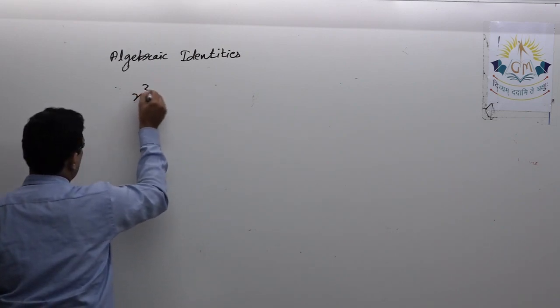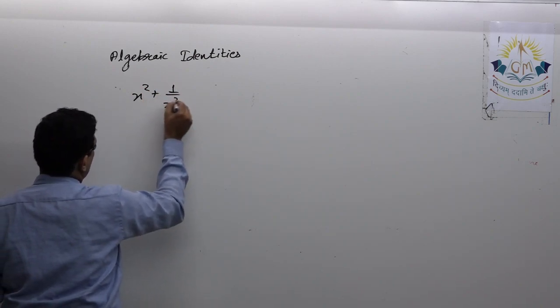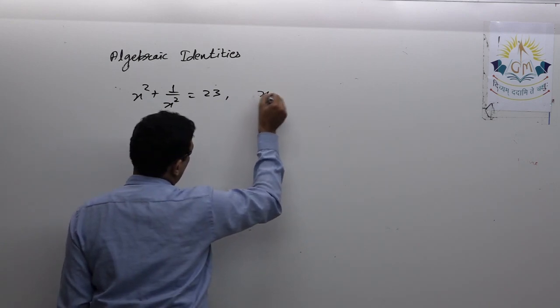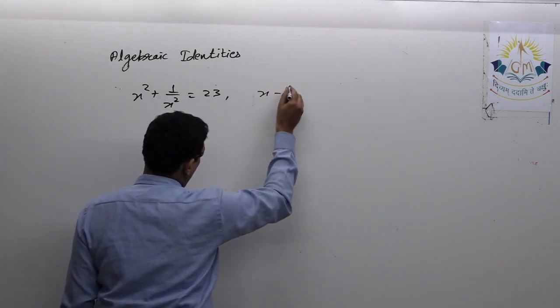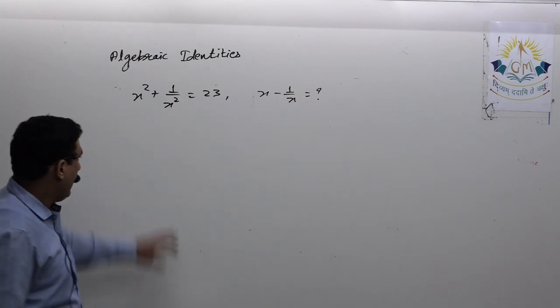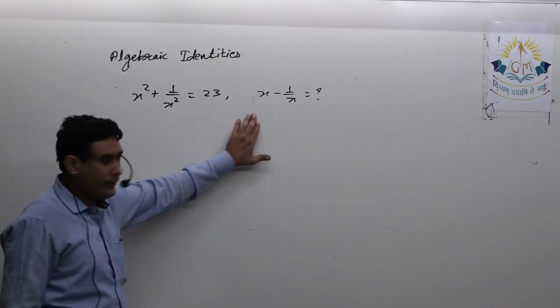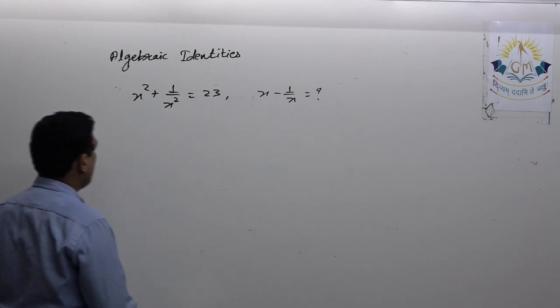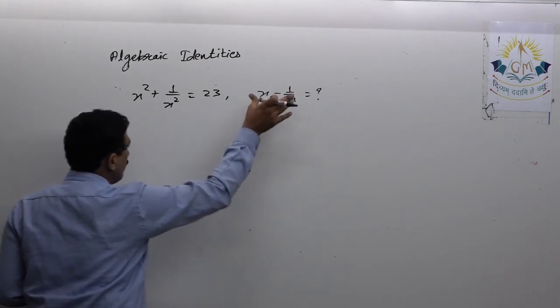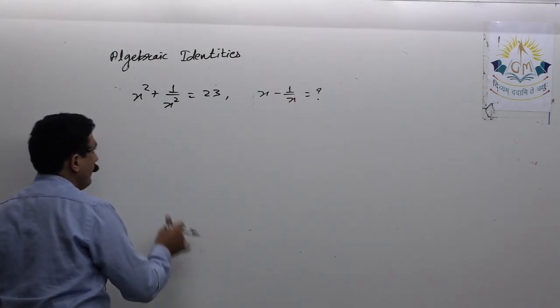Okay, x square plus 1 upon x square is equal to 23, and we have to find the value of x minus 1 upon x, suppose. Okay, x square plus 1 upon x square is given, and you have to find the value of x minus 1 upon x. So we need this, so we'll start from this only.